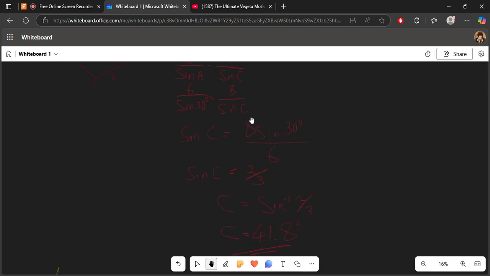Sine 30 degrees is a half. So 8 times a half is 4. 4 over 6, simplify this, 2/3. Then we can find C by saying the sine inverse of 2/3. And the angle whose sine is 2/3 is 41.8 degrees. And that is our C, or angle C.